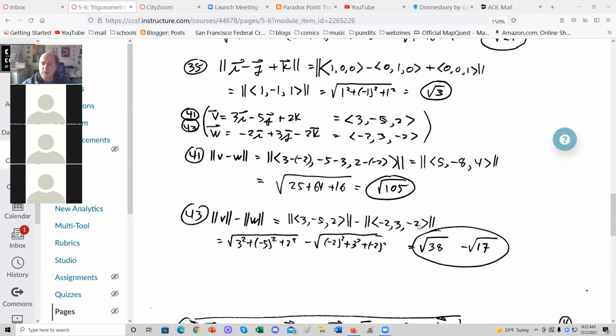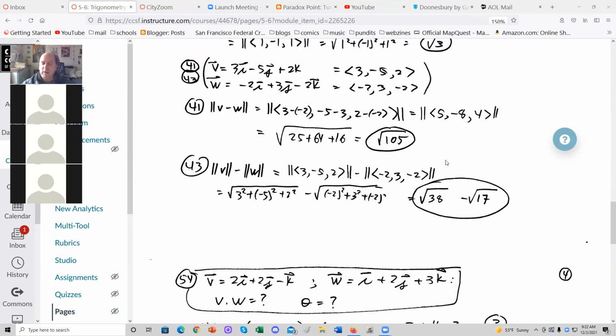Length of (-2, 3, -2) is the square root of the sum of -2 squared plus 3 squared plus -2 squared. 9 plus 25 plus 4 comes up to 38. 4 plus 9 plus 4 comes out to 17. So you get root 38 minus root 17. And of course, there's no reason to expect these to be anywhere near each other.